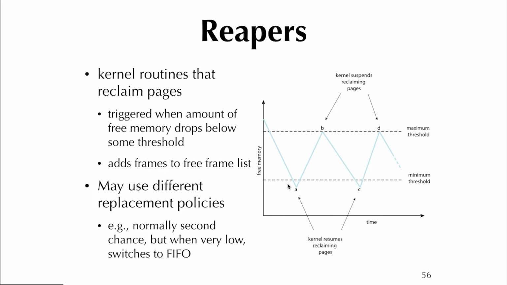I keep the number of free frames at least at some minimum. And once you get enough, then it doesn't do it, right? But it actually goes up to a maximum threshold. So it'll continue activating until the number of free frames or your free memory hits above that high threshold.